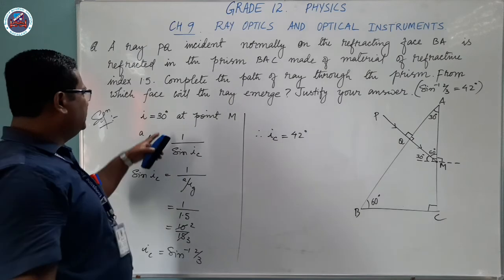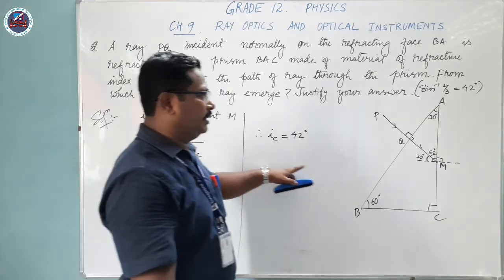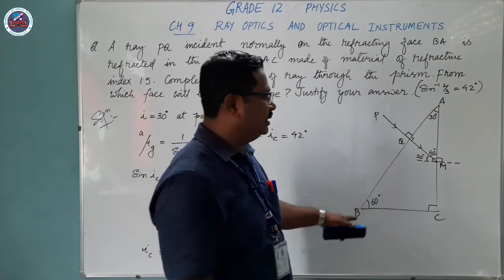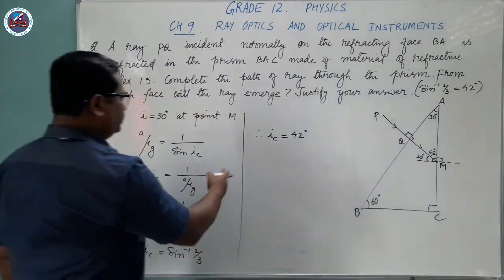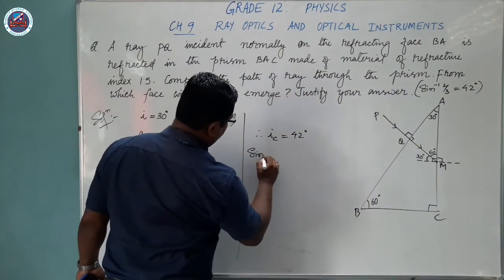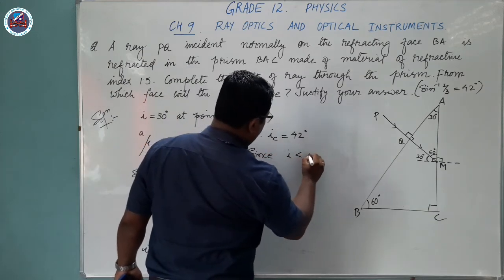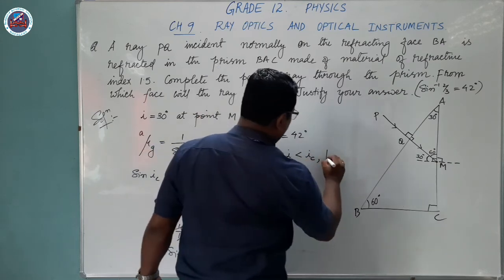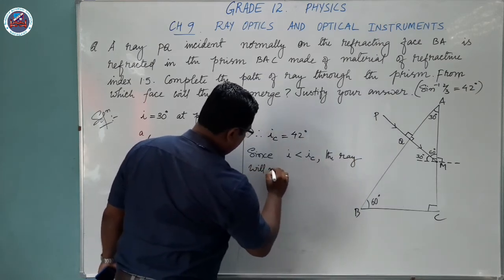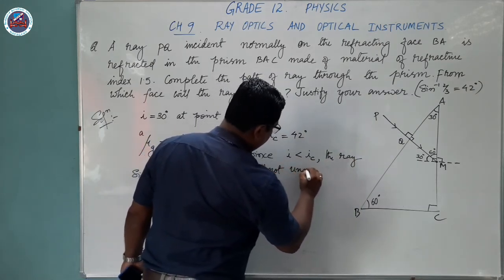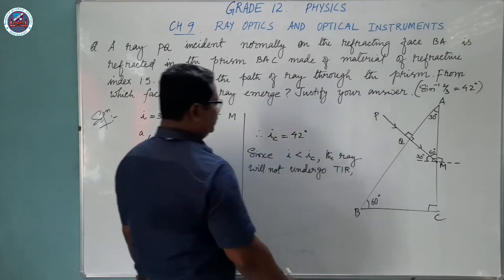Now compare it. Is this angle of incidence greater than the critical angle? Then you say no. So light will not undergo total internal reflection. Instead, it will undergo refraction. So here we will write like this: since the angle of incidence is less than the critical angle, the ray will not undergo TIR, total internal reflection.